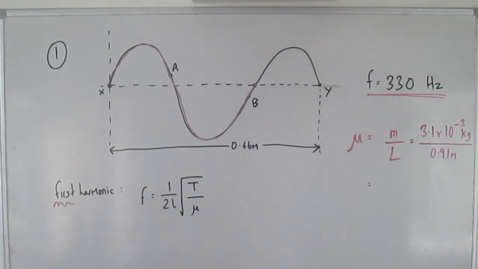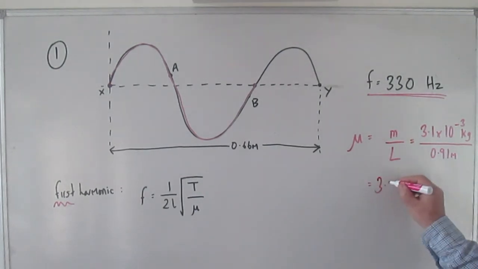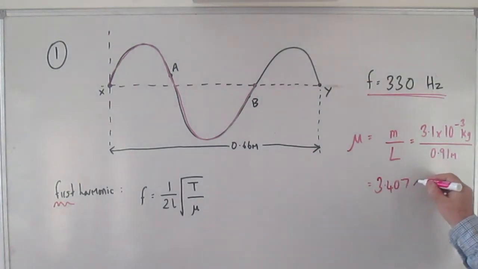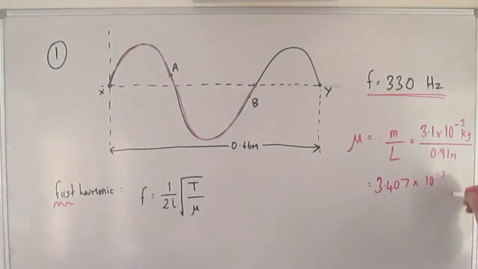We plug those numbers in and we get 3.407 times 10 to the minus 3 kilograms per meter. We're going to need that number when we come to plug in the numbers.